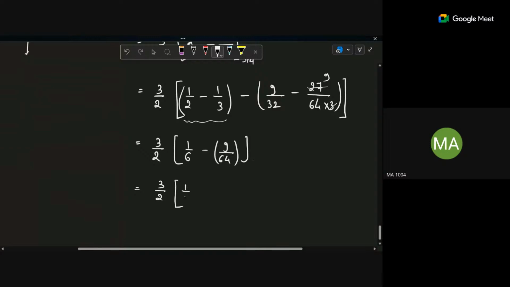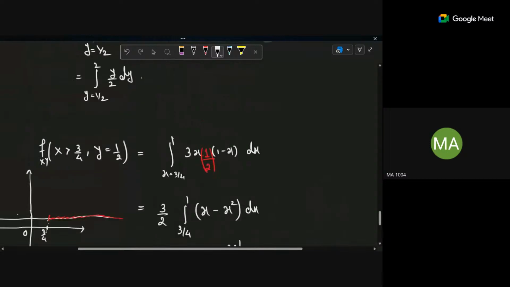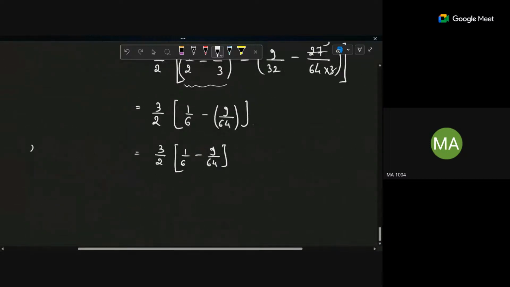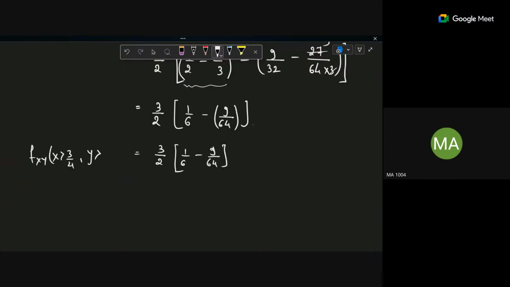Okay, just a minute, wait. We have one more thing here, right? Before simplifying it, my suggestion is to take this under consideration. We are calculating f(x,y), where x is greater than 3 by 4 and y is equal to 1 by 2.